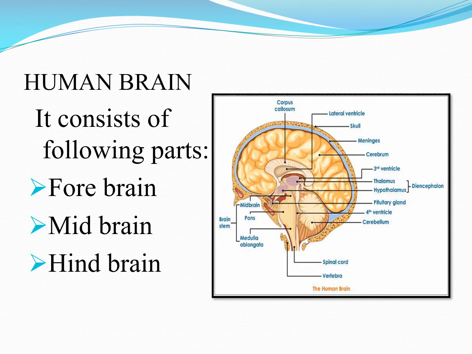Human brain. It consists of mainly three parts: forebrain, midbrain and hindbrain. Okay, now in the forebrain, it mainly consists of the cerebrum, occipital lobe, temporal lobe, parietal lobe, frontal lobe.